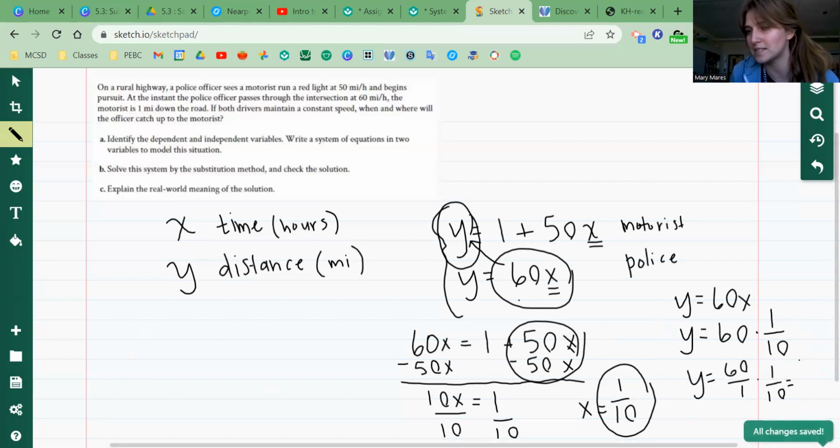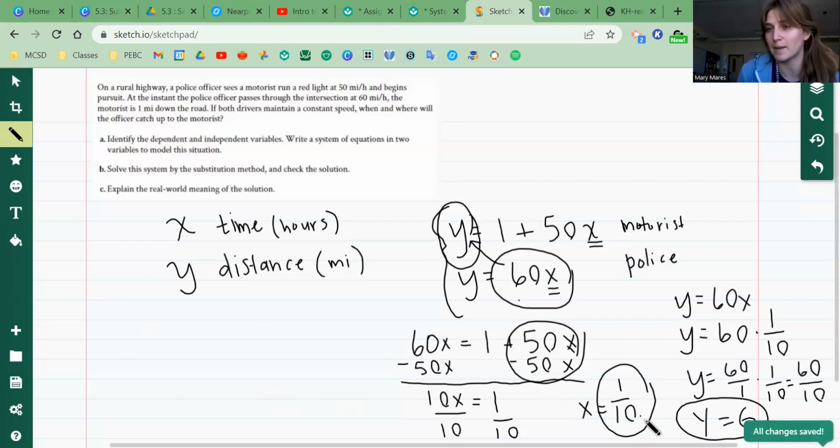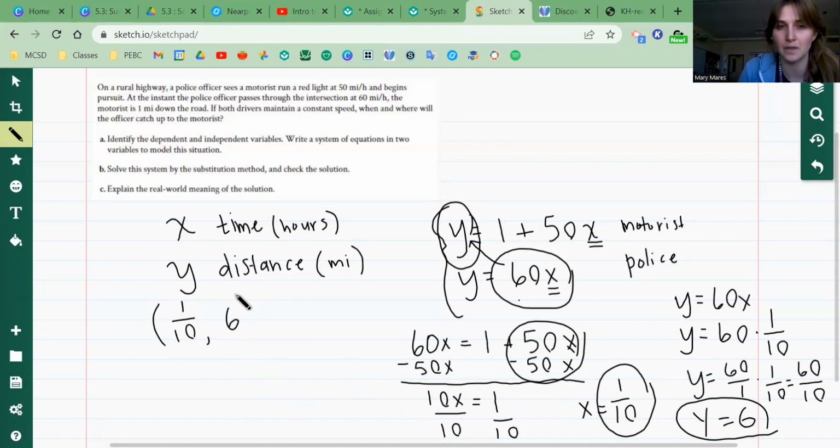That equals 60 over 10, which just equals 6. So y equals 6. And that's my complete answer. I have my x value and my y value. And I can write it as an ordered pair, right? That's my x and my y.